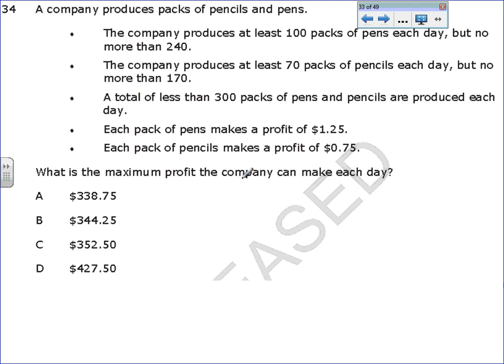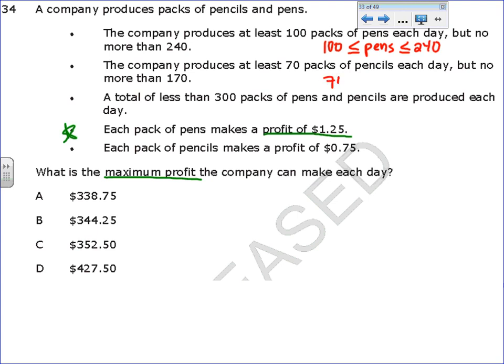If I want to make a maximum profit, I need to sell a whole lot more of the one that's going to make me a bigger profit. So my goal is to sell as many pens as I can with these restraints because I want to make the most money. I know that pens has to be at least 100, but less than or equal to 240.